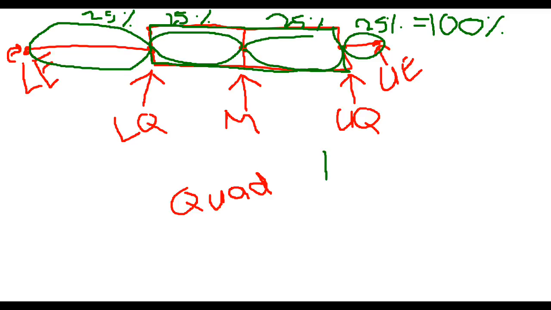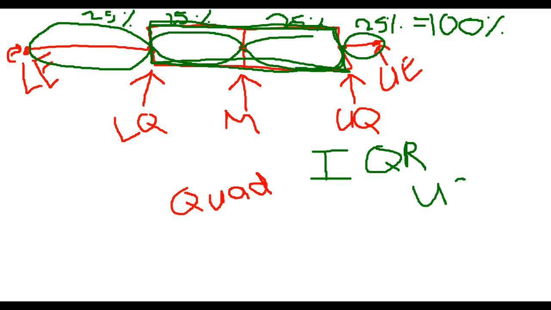All right, so with all of this in mind, we also sometimes want to find what is called our inner quartile range. That inner quartile range is saying what's inside of this box right here. To find the range of that box, I'm going to take the upper quartile, so this number right here, and I'm going to subtract the lower quartile, and that will tell me the range of what's inside of the box, my IQR, my inner quartile range.